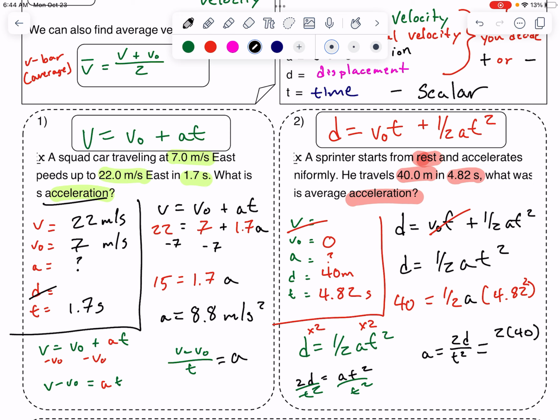times 40 divided by 4.82 squared. Calculate this up.